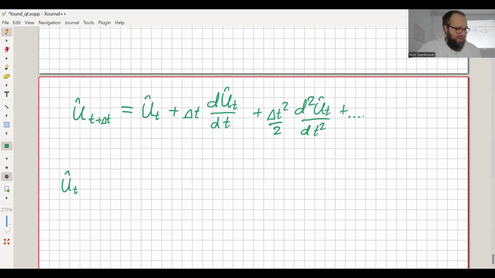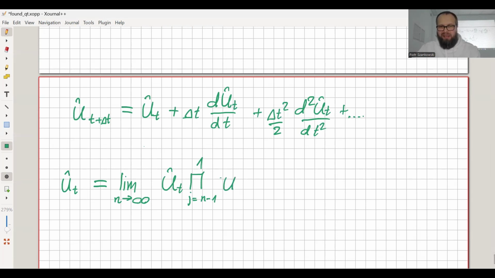We can write U_t as a limit, n goes to infinity, of U_t times the product over j from n minus 1 to 1 of U(s_j) U(s_j) dagger, where s_j is just j times t over n.